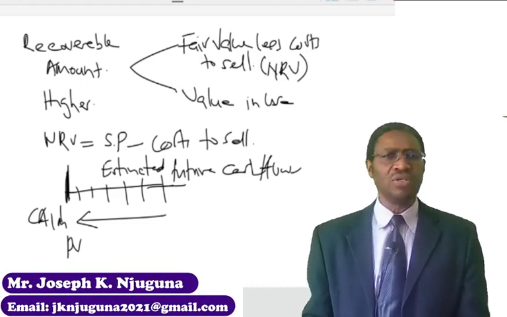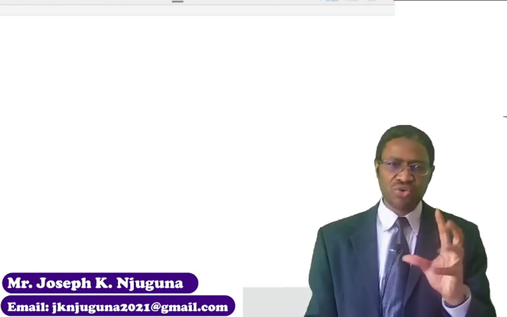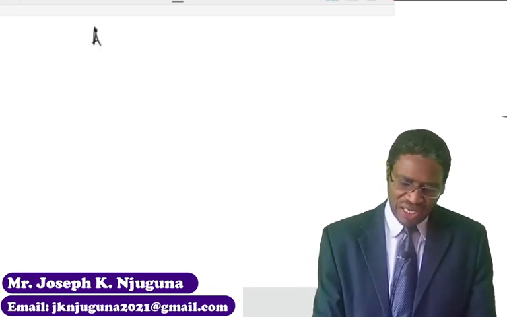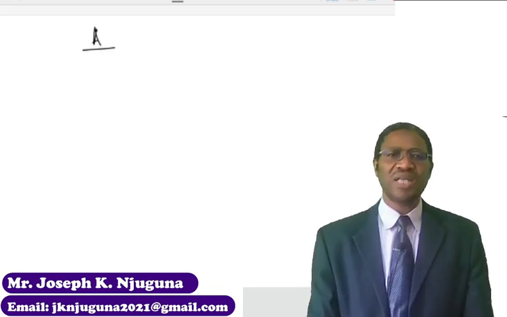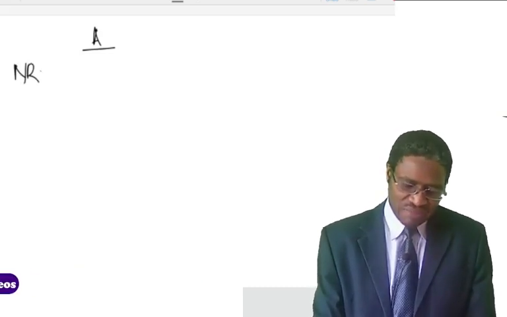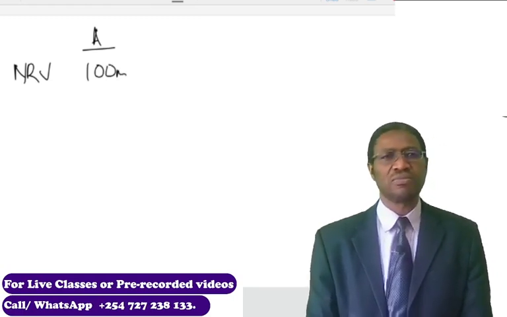From there now, let me ask you a question. Suppose a company has another asset A, and that asset had its net realizable value being 100 million.